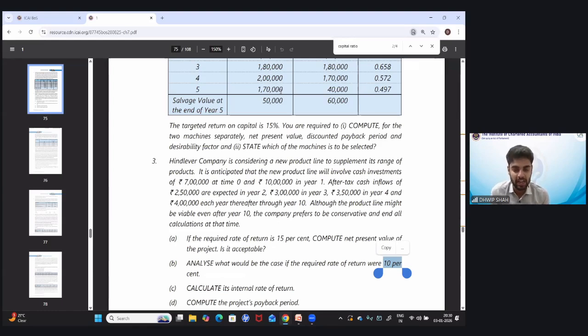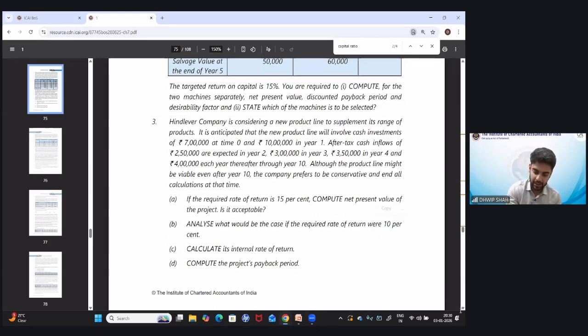कि आपको दो trial पहले दे दिए, meaning दो range दे दी, and obviously this is how questions are framed. Understood? And your IRR would lie between 15 and 10 or 10 and 15. Okay? So based on that, you calculate IRR, interpolation, and then nothing but project payback period.